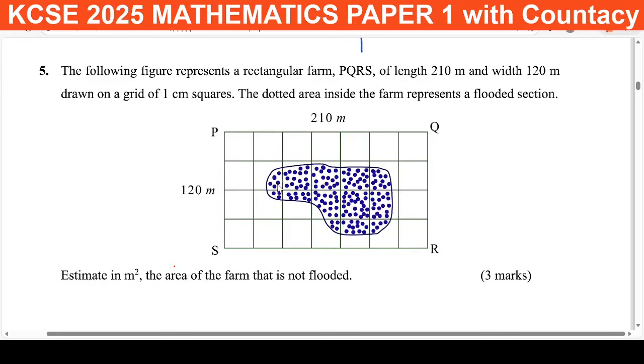And there's something which is quite unfortunate. Normally when you see these kind of questions, a lot of students rush to just calculate the estimated area of the dotted part, maybe because by default when you've got such a shape, you're supposed to find the area of the shaded part.